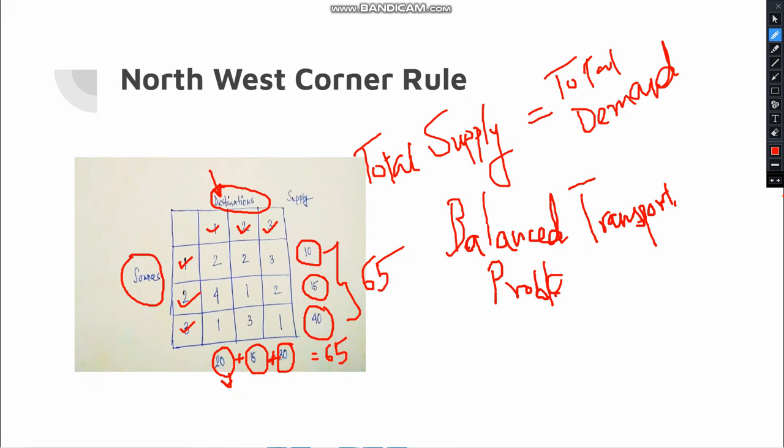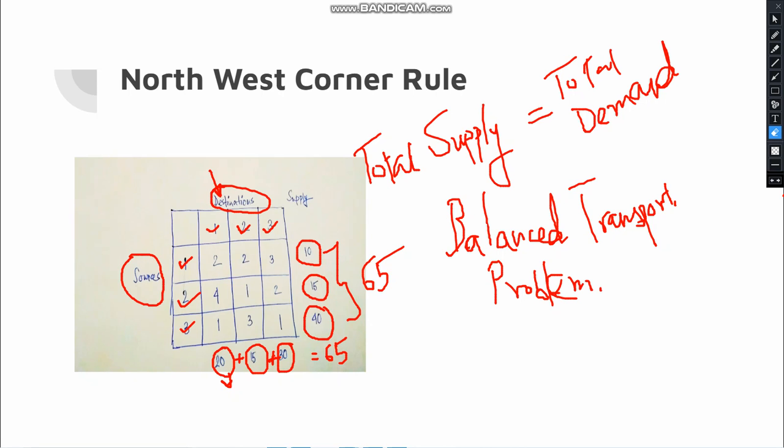I hope you can understand it now. This is an example of a balanced transportation problem where the total supply becomes equal to the total demand.